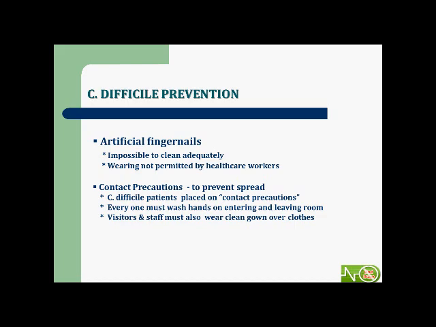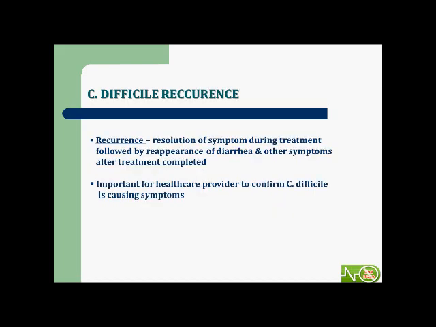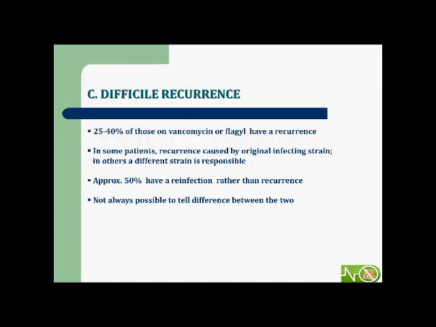Now, recurrence is a problem that we're going to talk about, and this can happen after the symptoms have resolved in 25 to 40% of the patients. This can happen because of reinfection, not good hygiene, or also presence of spores in the patient's own environment.